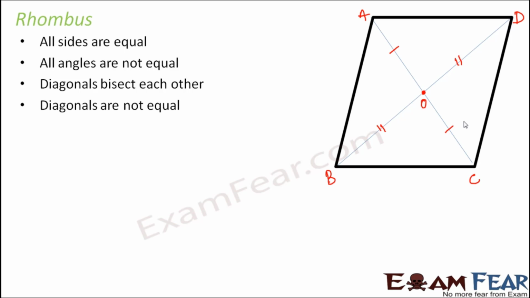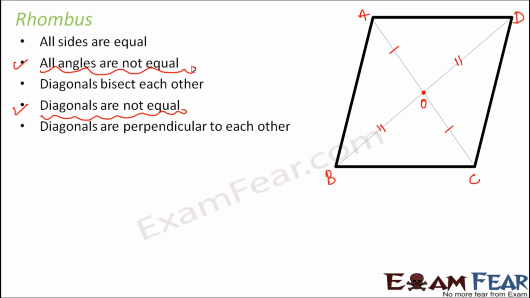Diagonals are not equal. So again, that is another point of difference between a rhombus and a square. Here angles are also not equal. However, diagonals are perpendicular to each other. So here also these diagonals are at right angles to each other.